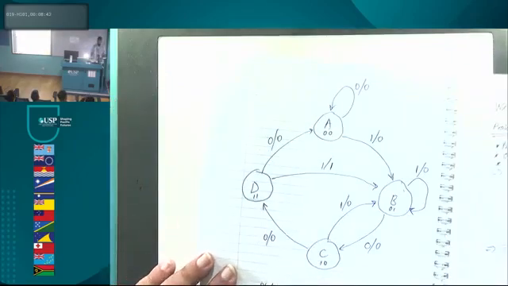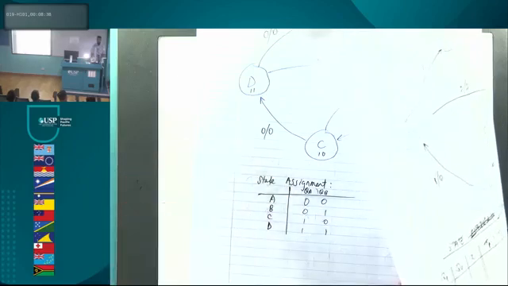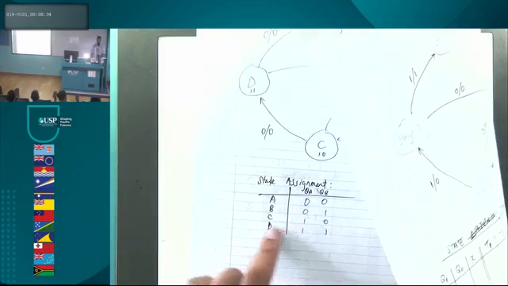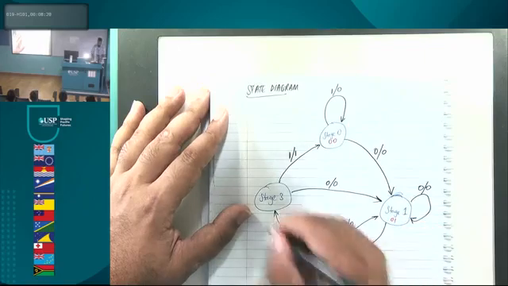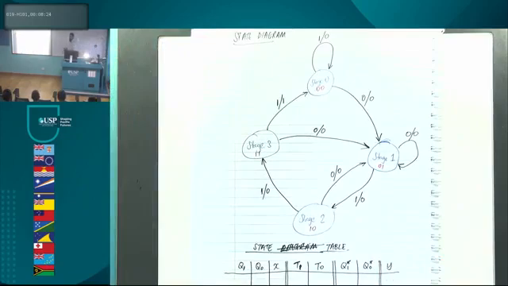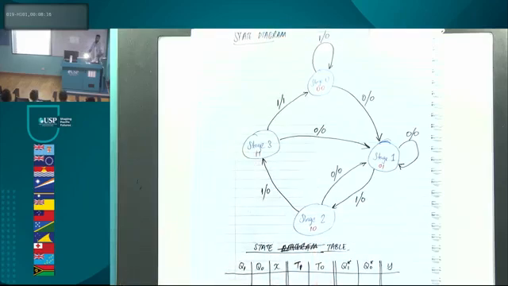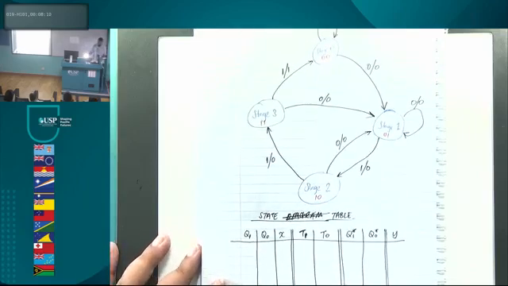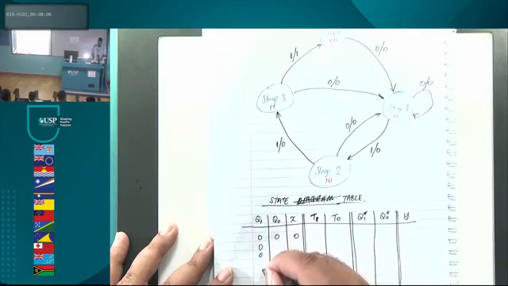Sometimes we do state assignment by making another table called the state assignment table and saying stage A is 0, 0. So you can make the table, but you can just do this. I do the state assignment straight away. Because by now, you've done bigger problems, there's only 4 possible states. And even if you wanted this to be 1, 0 and that to be 1, 1, that's fine, so long as you've got a system in place and consistency. So now, 0, 0, 0, 0, 8 possible combinations.